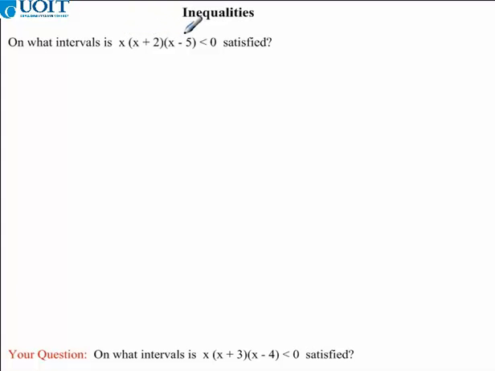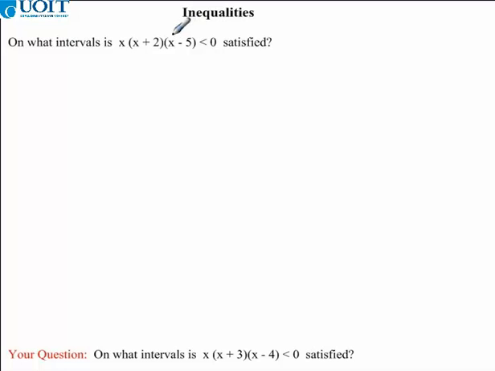Since this expression is already in factored form, it's going to be very easy to find these critical points. We have three terms multiplied together: x, all times (x plus 2), times (x minus 5). If one of these terms is equal to 0, our entire expression will be equal to 0, because 0 times any number is always 0.